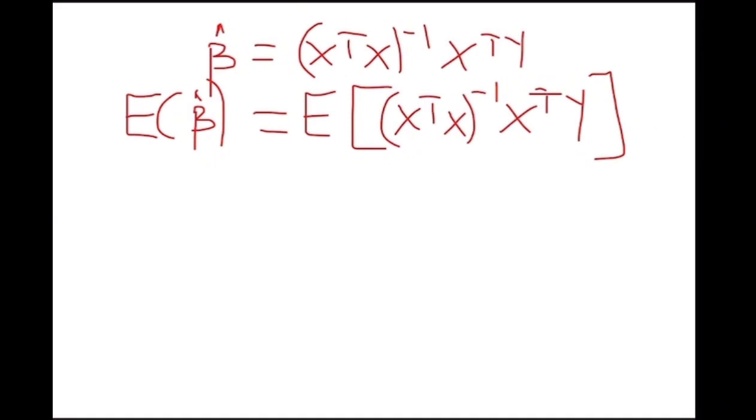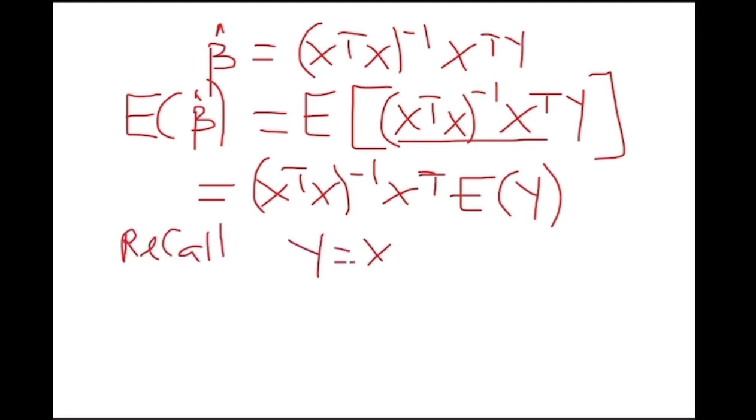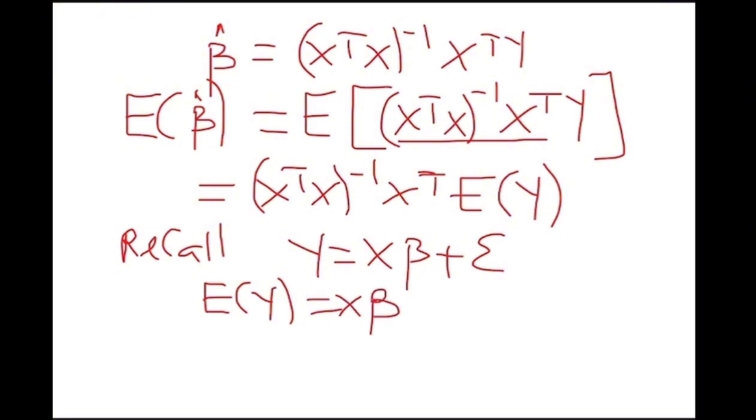So what I'm talking about is that everything there is fixed, more or less like a constant, so it's going to come out. And when it comes out, the expectation is going to grab y, because y is a random variable. Recall from the specification of the model that the expected value of y will be equal to X beta, because the expected value of the error is assumed to be equal to 0.